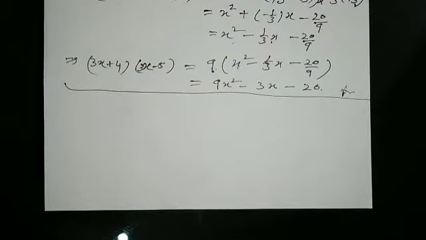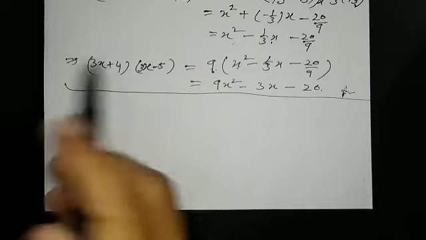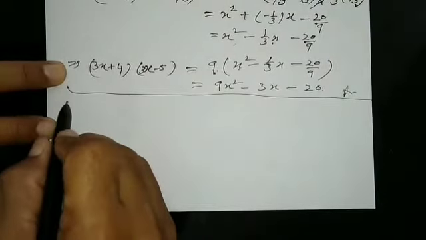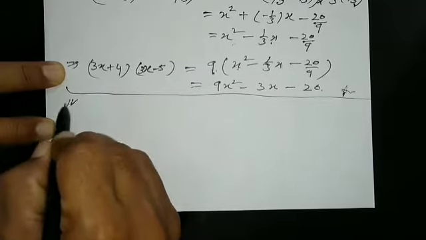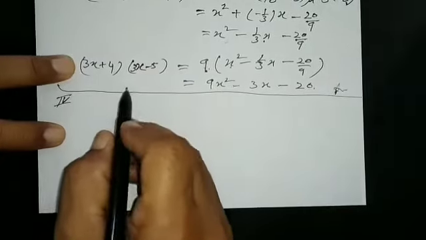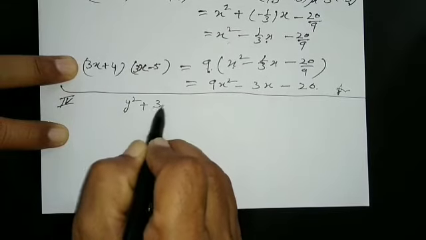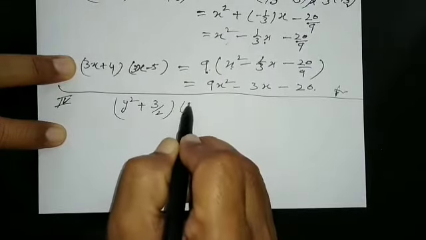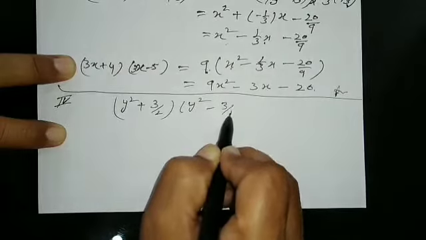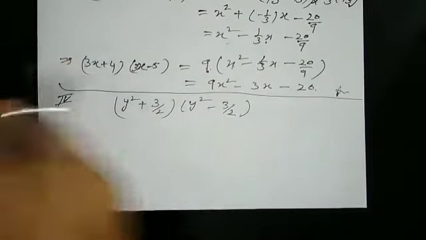So I think you can do it without much problem. I am taking the fourth part of this question also, that is y square plus 3 by 2 and y square minus 3 by 2, right?